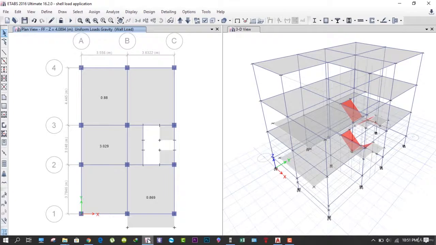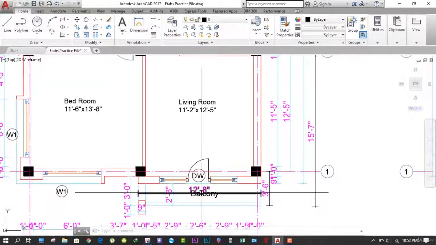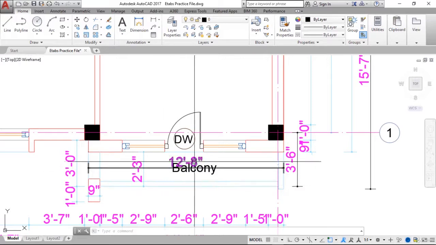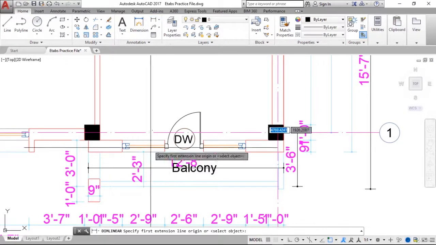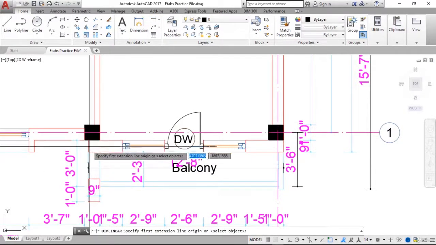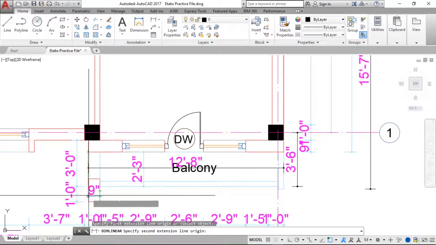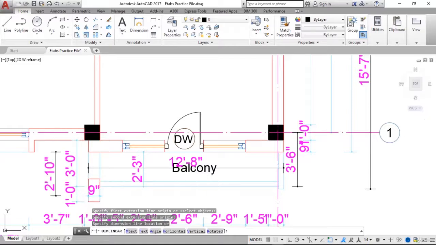Alright, so now we also have the parapet wall over here, right? So the length of the parapet wall is 12 feet and 8 inches plus, and this is also the parapet wall, 2 feet and 10 inches.